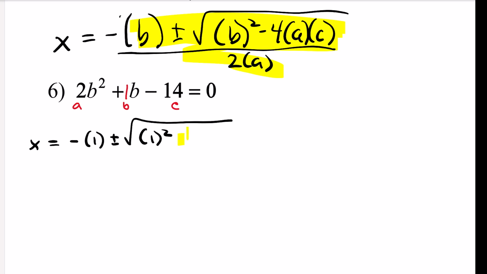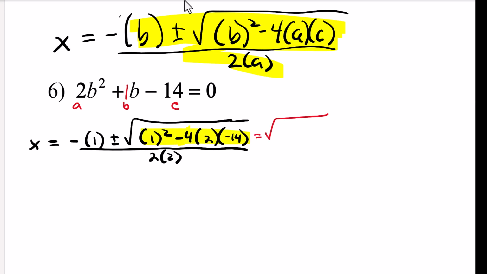Minus 4 times the A value, which is 2. The C value is negative 14, all divided by 2 times the 2 value. So first thing we're going to do is simplify all of this. 1 squared is 1.